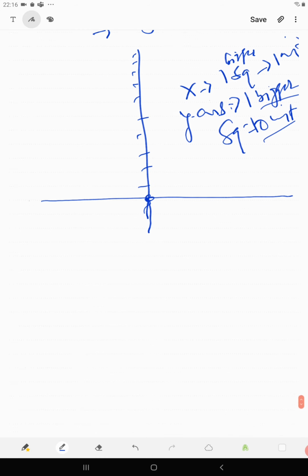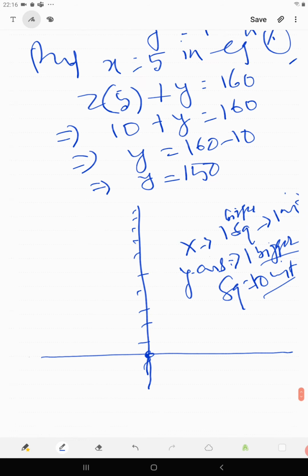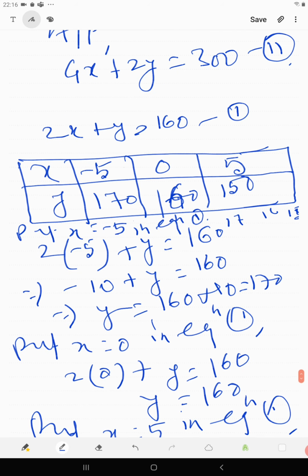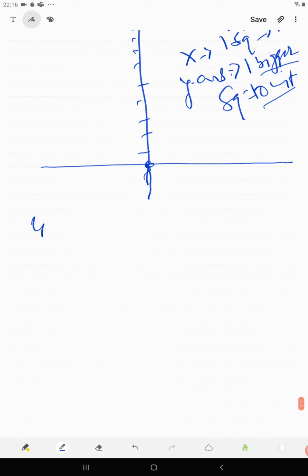Okay. Now take the second equation. So what is our second equation? The second equation is 4x plus 2y equals to 300. So this is our second equation. Okay.